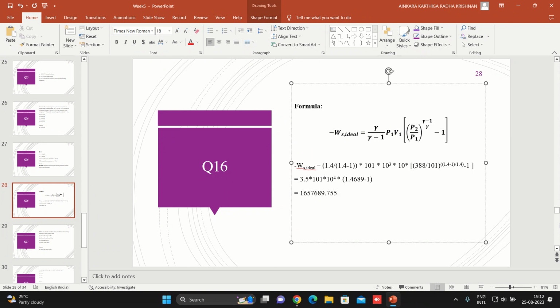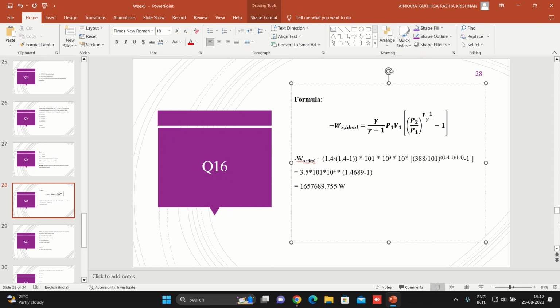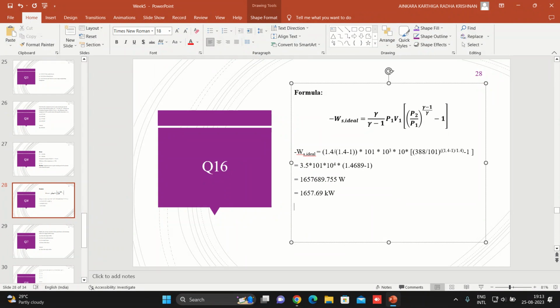So this one is 1657.69 kilowatt. The question was about W actual, which is equal to 1657.69 divided by efficiency, that is 0.9.